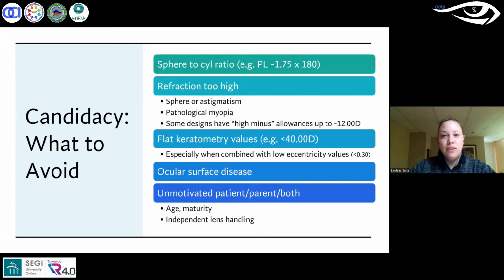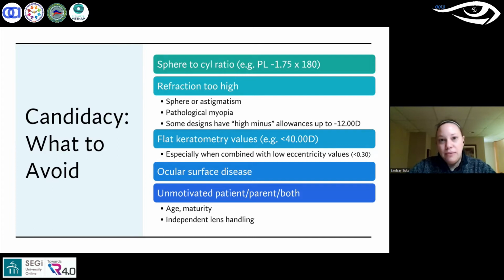Not only are they very high in terms of the sphere and not necessarily a great candidate, but this may also be a more pathologic form of myopia where stopping their progression isn't really going to be right. It's more of a genetic, maybe they have a genetic disorder or something else that's causing their myopia.